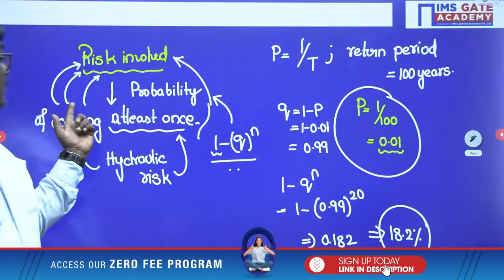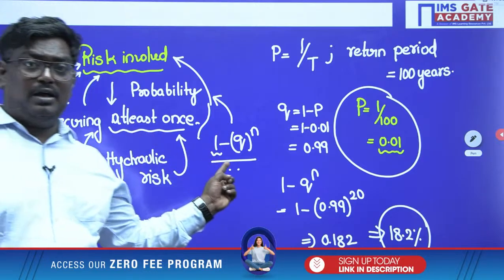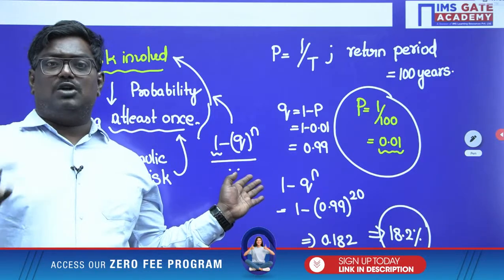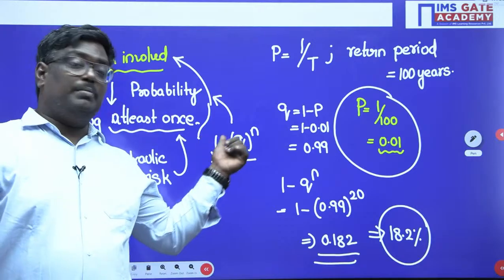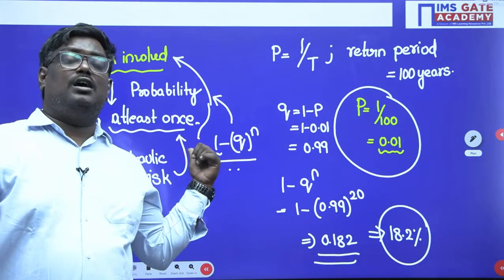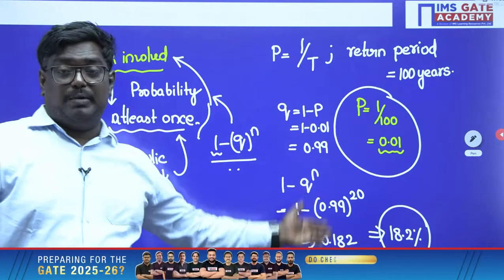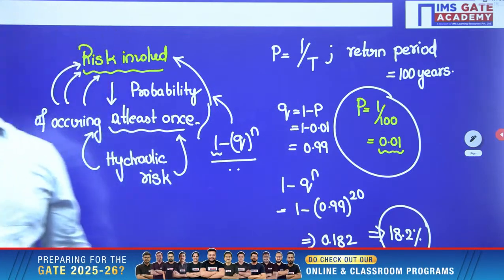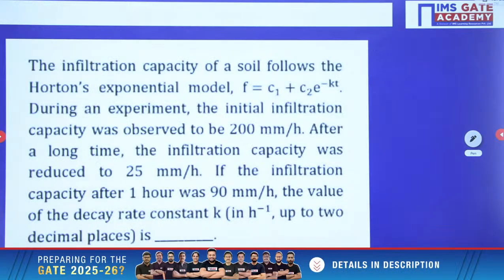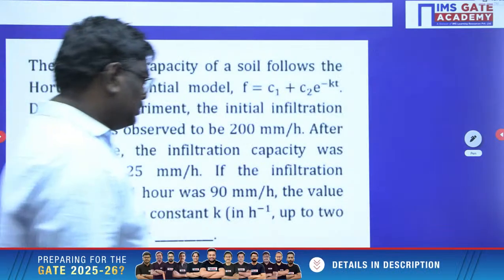The probability of occurring plus not occurring should be equal to 1, so 1 minus the probability of not occurring gives the probability of occurring at least once. So 1 minus q power n, and if you plug in the values, you will get 18.2 percent. So please read this question also, students.